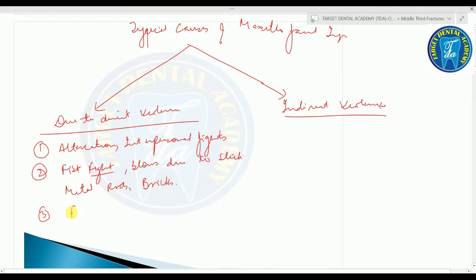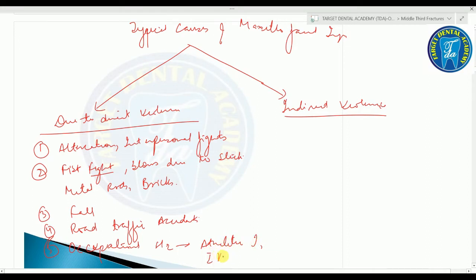Third is due to fall, due to road traffic accidents, or due to any occupational hazards, like the athletic injury or industrial mishaps.